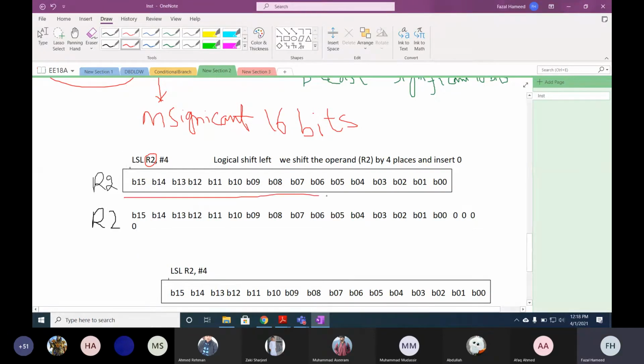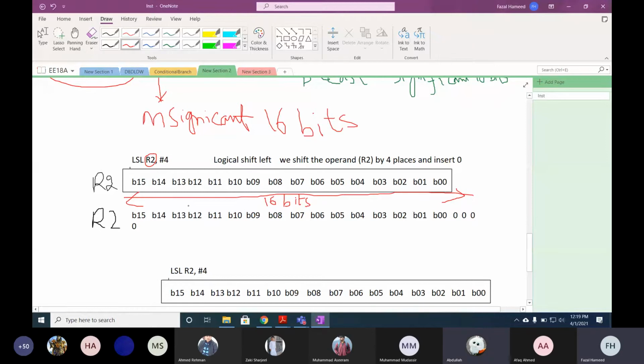If you look at this R2, how many bits are there? 16. Actually it should remain 16, but when 4 zeros are inserted, we have to kick out the most significant 4 bits.